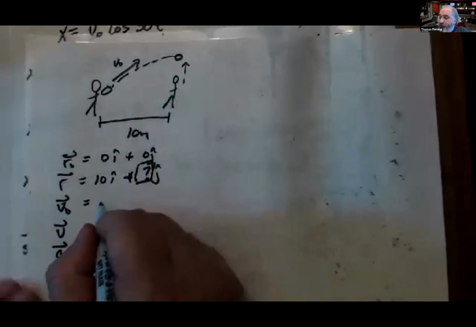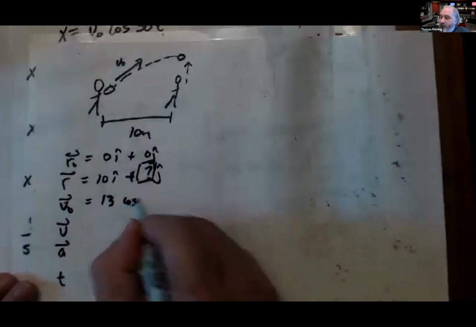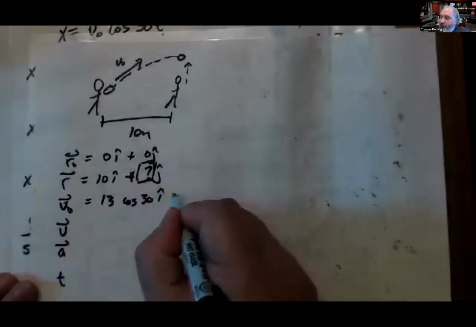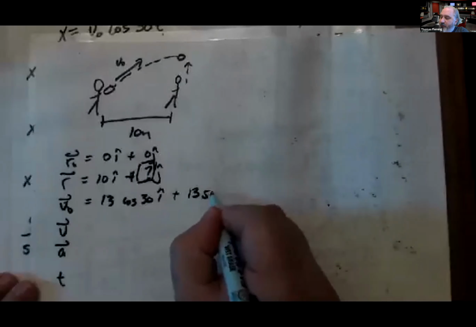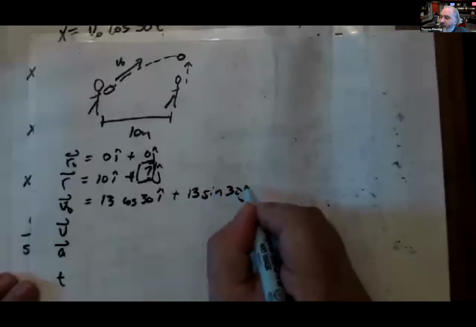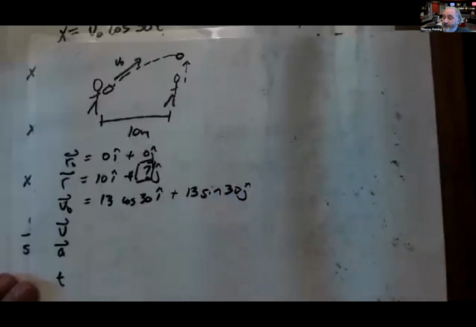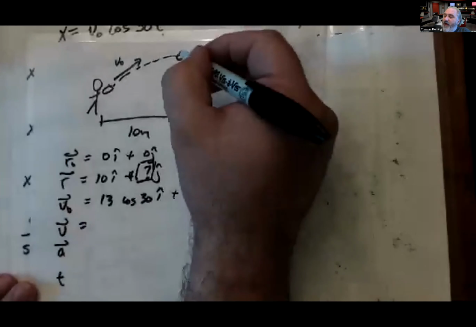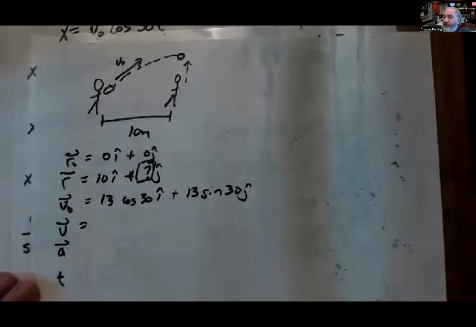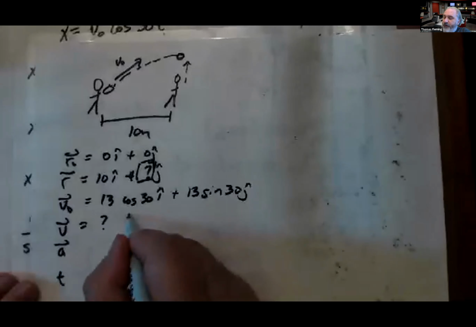So it's going to be 13 cosine 30 i hat plus 13 sine 30 j hat. We know that because we figured out what V initial was in the previous problem. V final is whatever velocity the ball has when the guy catches it.